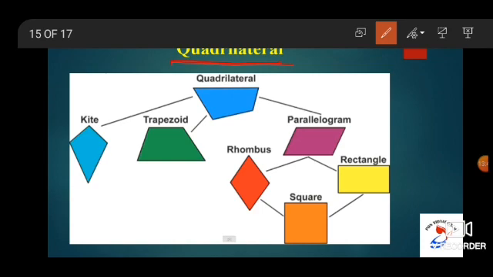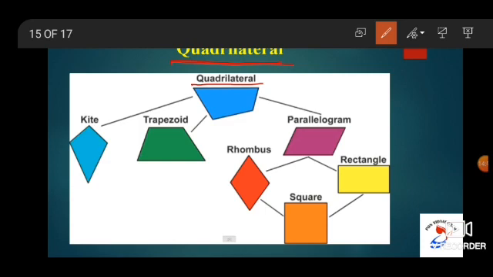So as soon as I say quadrilateral, what comes into your mind? A quadrilateral is a four-sided closed figure. All the important shapes which you are familiar with will come under quadrilaterals. Triangle means it is of three sides. So forget triangle. When I talk about quadrilateral, it is a four-sided closed figure.